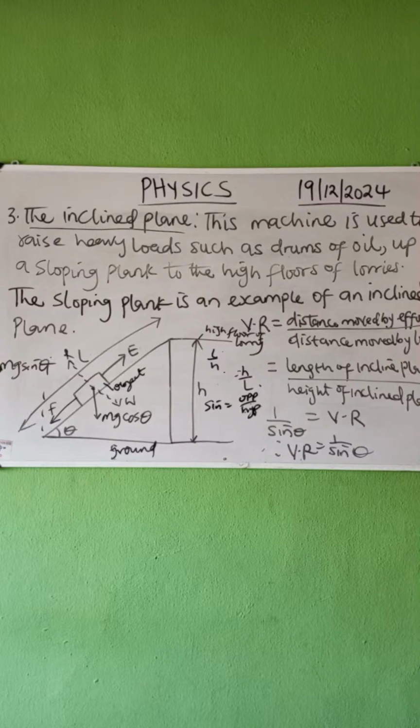That distance moved by effort is L, while the distance moved by load is H. So for us to do that, we need the inverse of sine, because it's only the inverse of sine theta that is going to give us L over H, and that is what we just did. All right, can we copy fast? Let's move to examples.